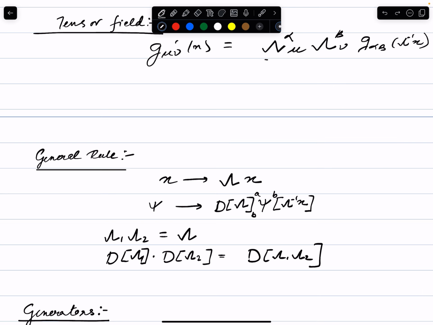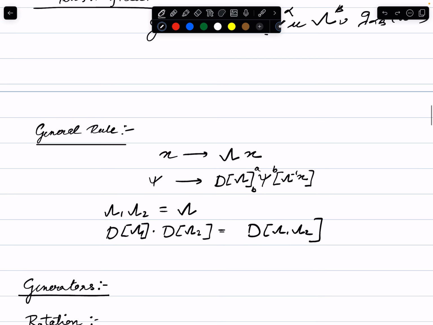Now a general rule of how things should change is: when x goes to lambda x, the field psi should change to, this part of course the function will be of lambda inverse x, and psi should change by the action of a matrix which I am calling D of lambda, meaning some function of lambda acting on this.